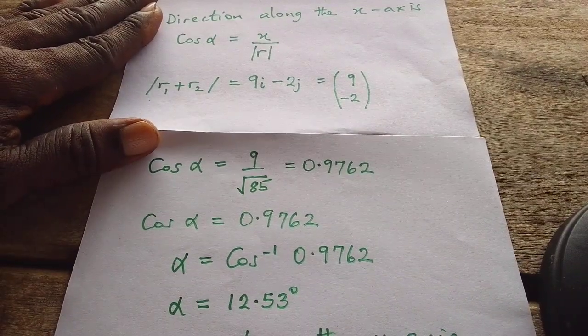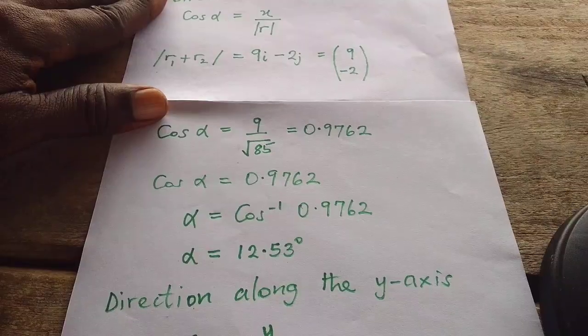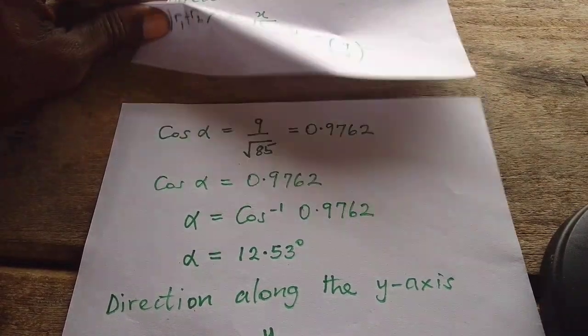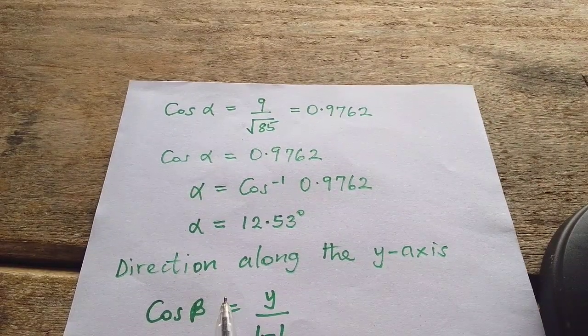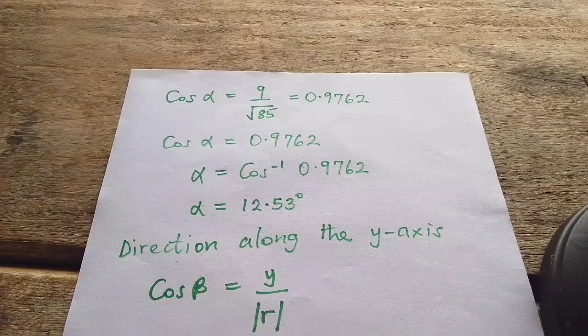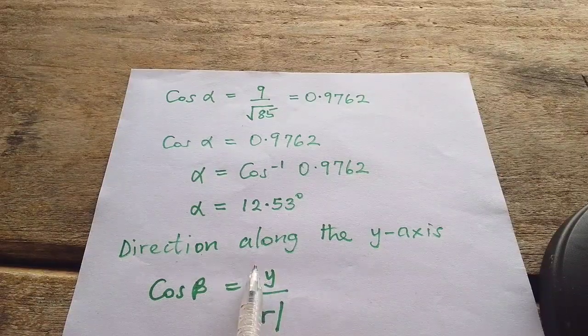Also we need to get the direction along the y-axis. Here we are using beta to represent the angle it makes with the vertical axis. So cos beta is the y component over the modulus of the vector.